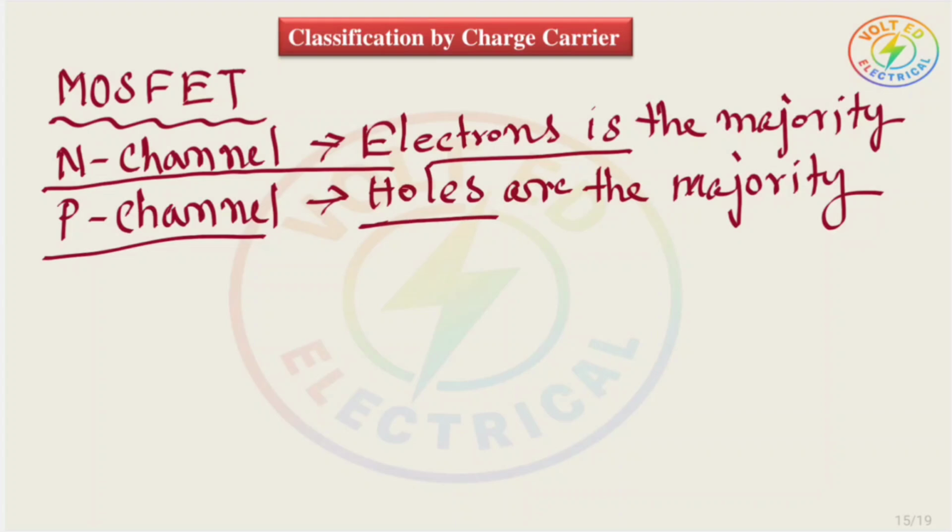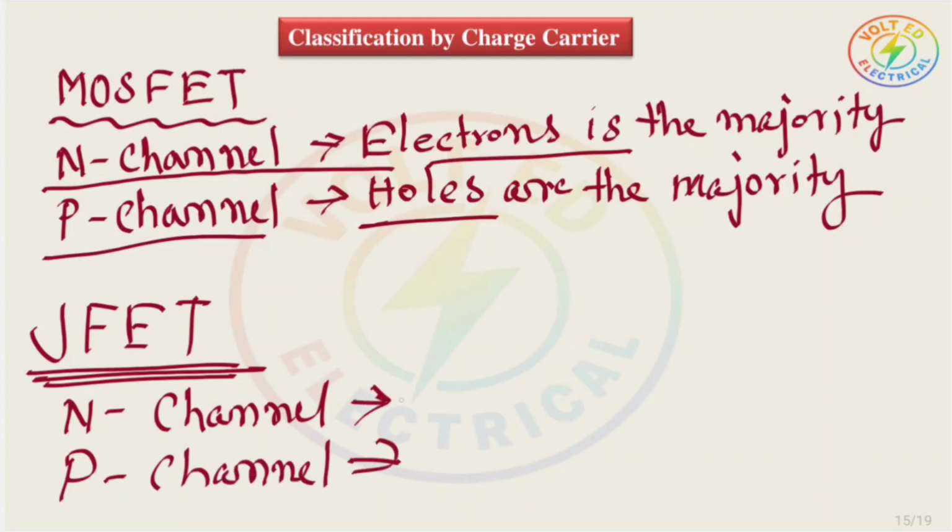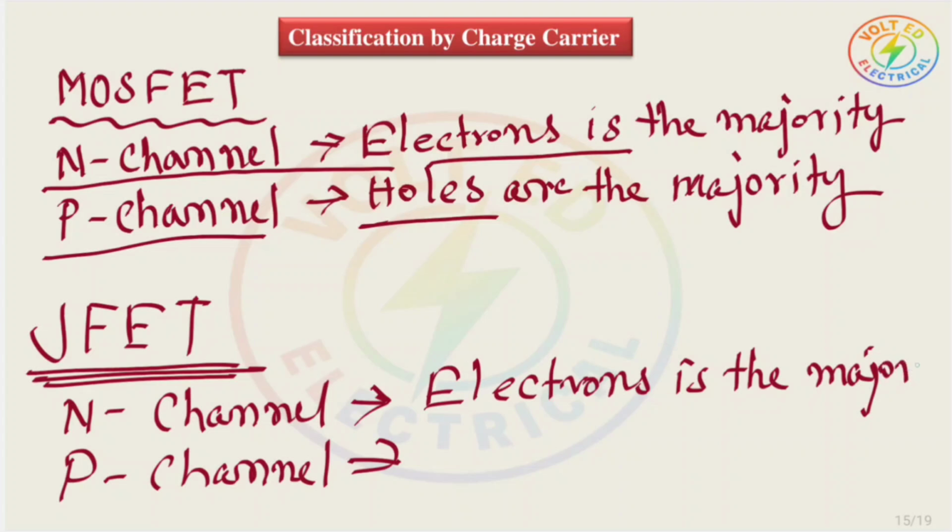Now let's see the JFET. The JFET is similar to the MOSFET, so it also has 2 types: one is the N channel, and the other is the P channel. In the case of an N channel, electrons are the majority carriers, and in the case of a P channel, holes are the majority carriers.